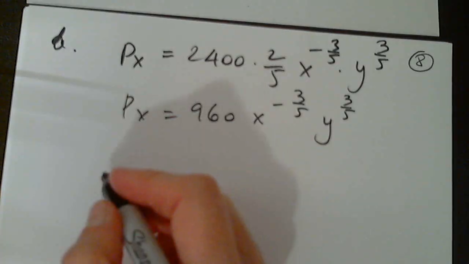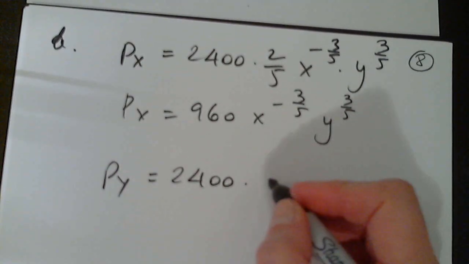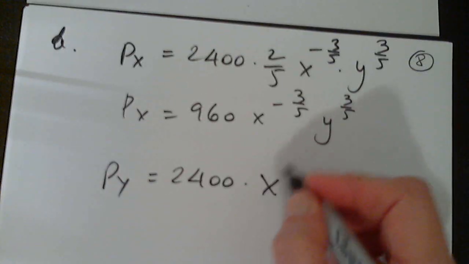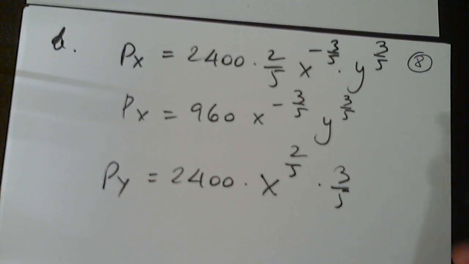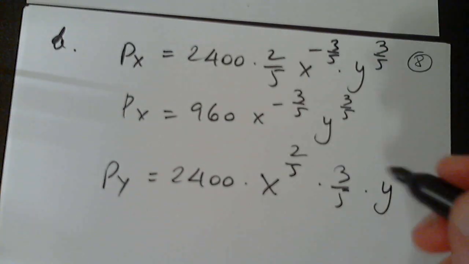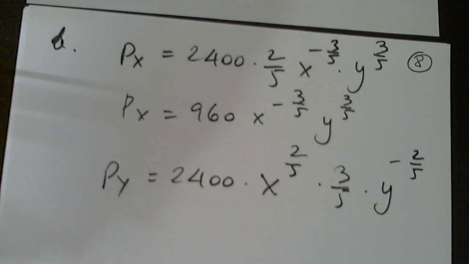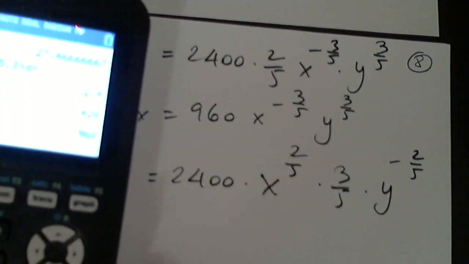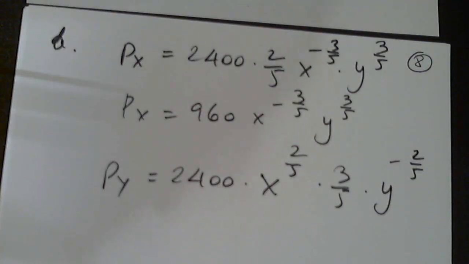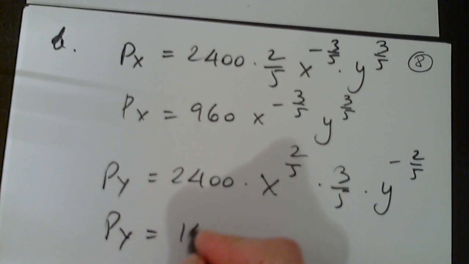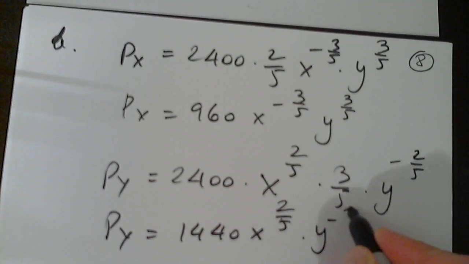Now, Py is 2400 x to 2/5. We're differentiating only with respect to y. 3/5 times y to 3/5 minus 1, which is negative 2/5. So again, 3 times 2400 divided by 5, 1440. So then Py is 1440 x to 2/5 and y to negative 3/5.